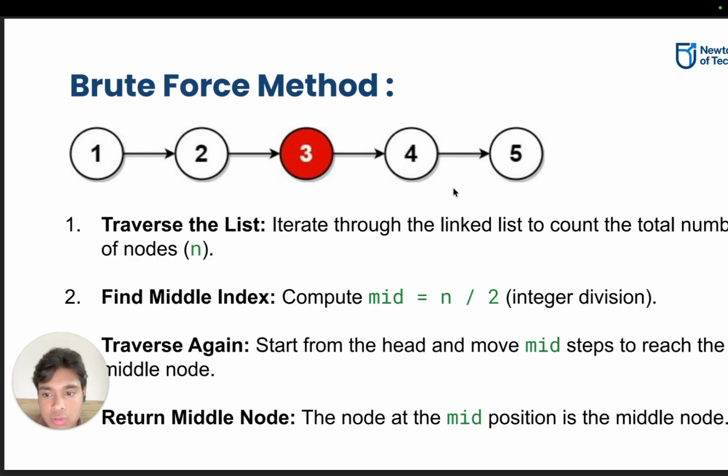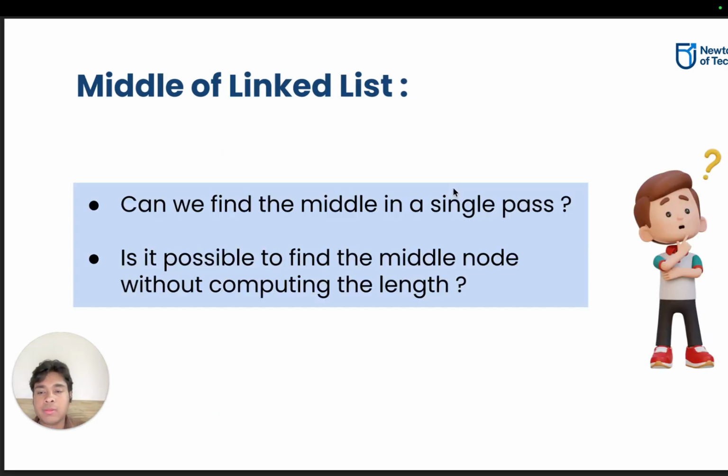From this process we get the middle value in the linked list. Return the middle node: the node at the mid position is the middle node. Middle of the linked list.